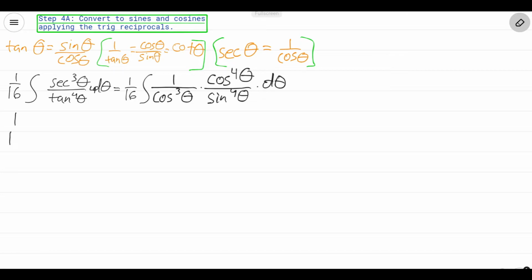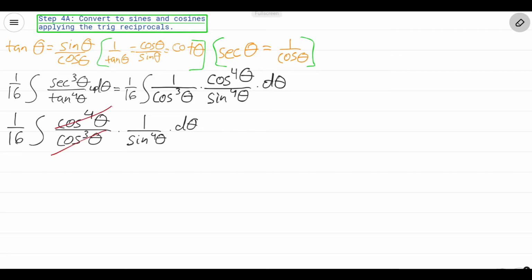Now I'm going to simplify this a little bit. I have cosine to the 4th divided by cosine cubed times 1 over sine to the 4th power. I can simplify by canceling out most of those cosines, so I'm left with cosine theta divided by sine to the 4th power times d theta. All I did there was cancel out the cosine, because the exponent of 4 minus the exponent of 3 gives us an exponent of 1.